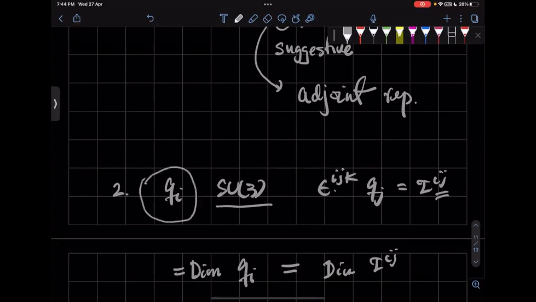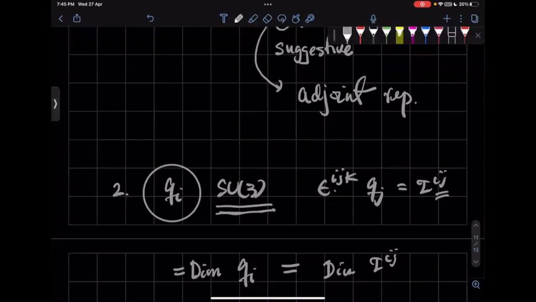This is the fundamental representation. What is the dimension of the fundamental representation? Okay, what are the dimensions of the SU3 matrices?